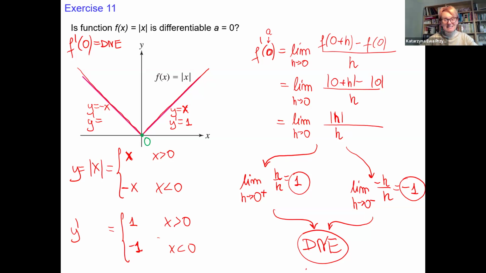Absolute value of x. What is the specific thing at one point on that graph? Do we remember? What is happening at 0 with respect to derivatives, of course?